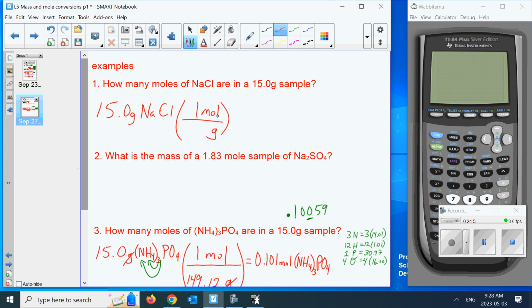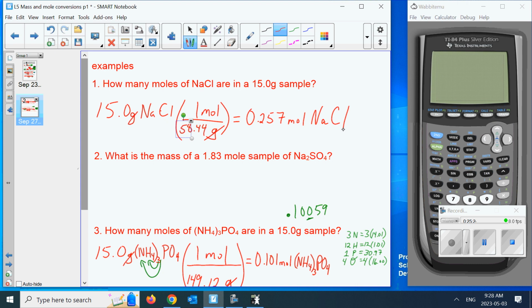Na plus Cl is 58.44. When I do that, the grams cancel. We're going to get moles of NaCl. So 15 divided by 58.44, and I get 0.257 moles.